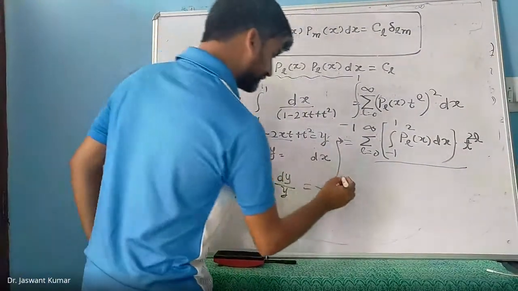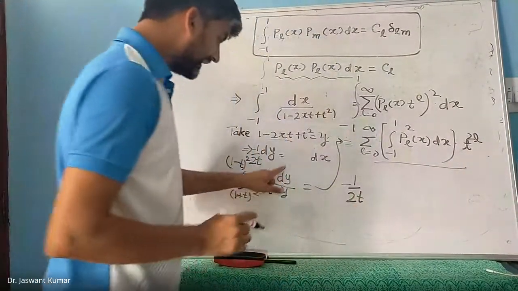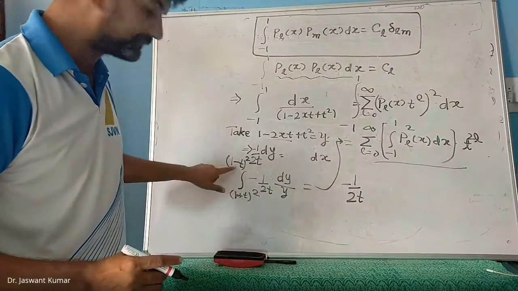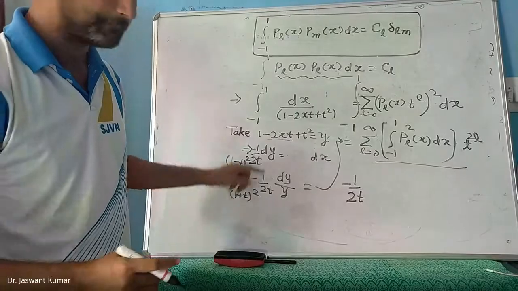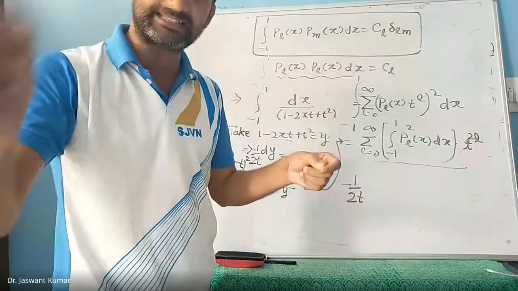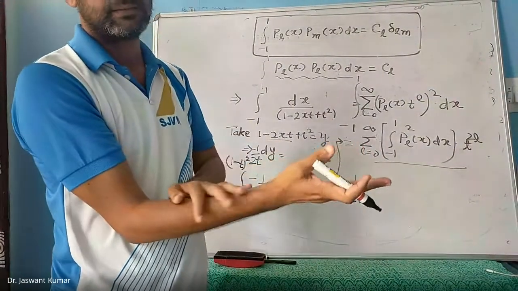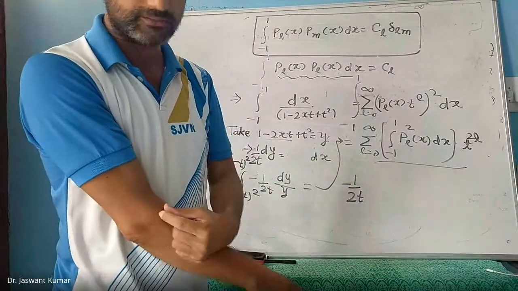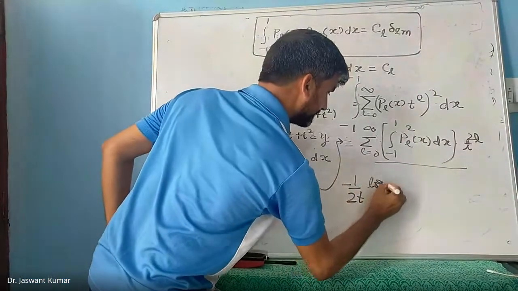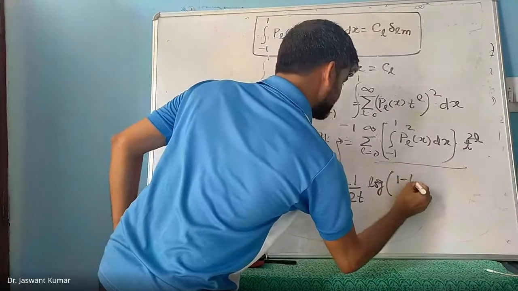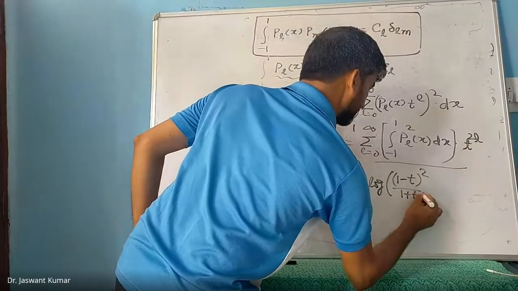So the answer that you get is minus 1 by 2t times logarithm of y, which is logarithm of the upper limit minus logarithm of the lower limit. But logarithm of m minus logarithm of n we know is equal to logarithm of m by n. Are you okay with that or not? Yes, sir. So this is logarithm of 1 plus t whole square divided by 1 minus t whole square.